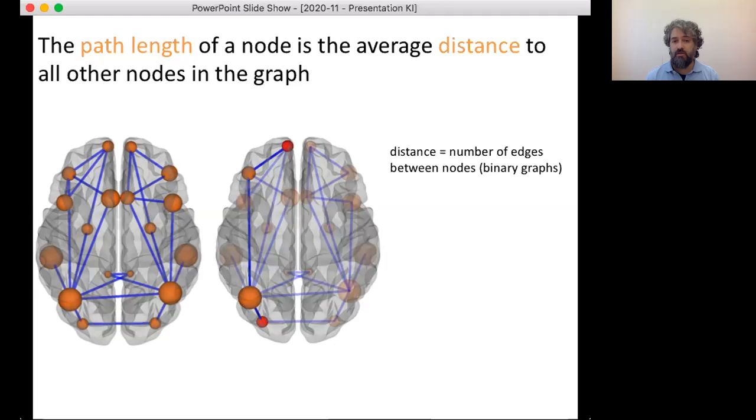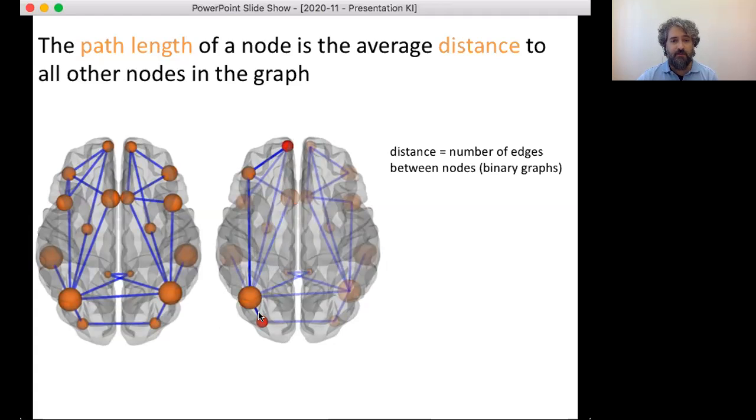Another kind of measure, which is very interesting, is the path length. What is the path length? The path length is a measure between two nodes. So let's say you take this node or brain region and this node or brain region. The path length between these two nodes is the distance between the two nodes, in number of edges. So the question is, what is the minimal number of edges to go from this node to this node?